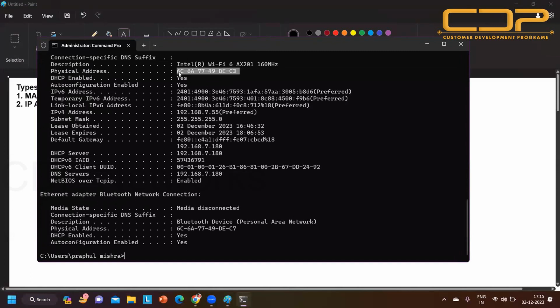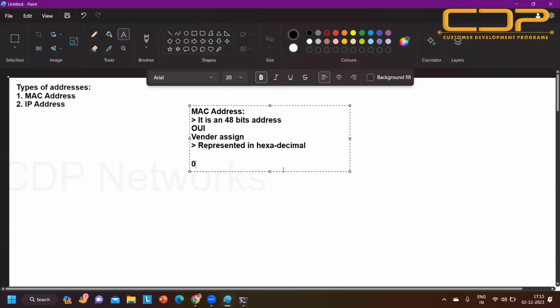This is the MAC address of my laptop. How many characters are there? 2, 4, 6, 8, 10, and 12. 12 characters are there in one MAC address.